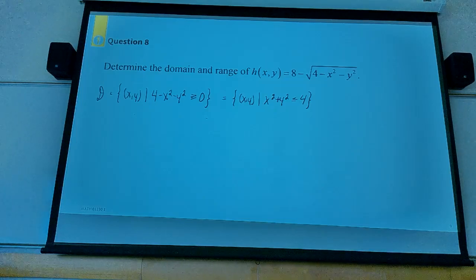What kind of region is that? And so you have to describe the region, describe the domain.